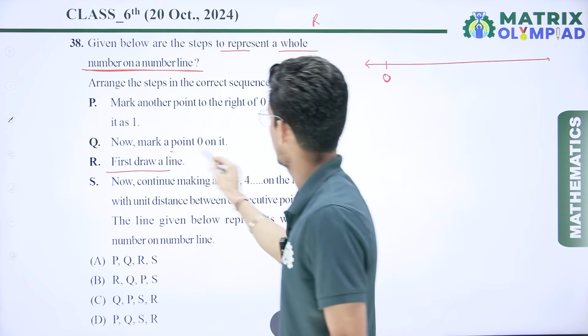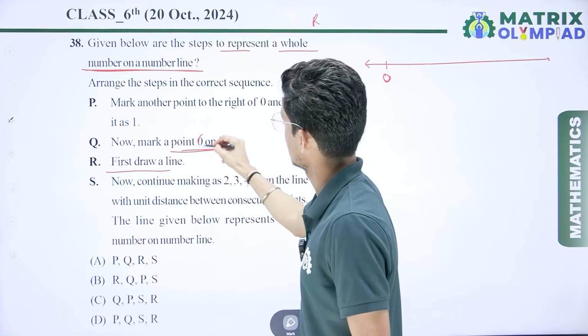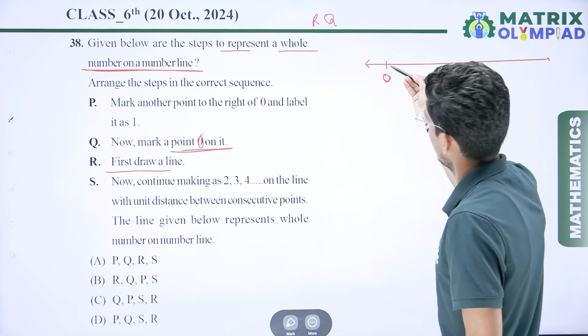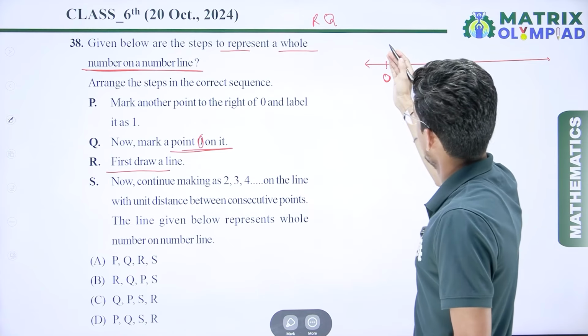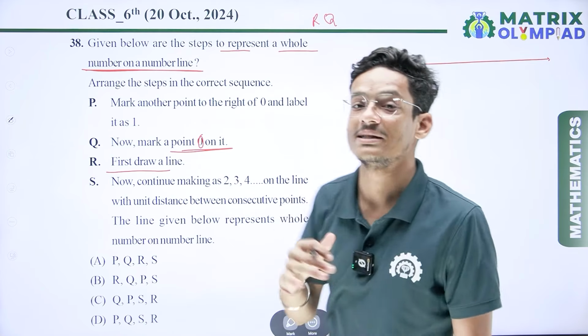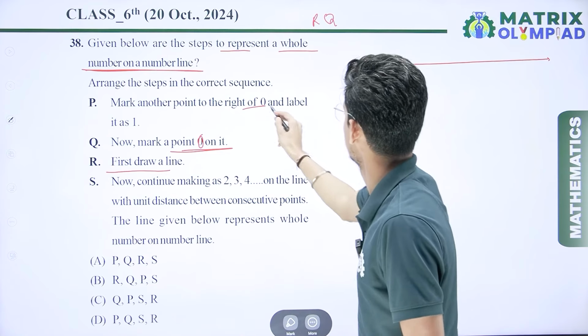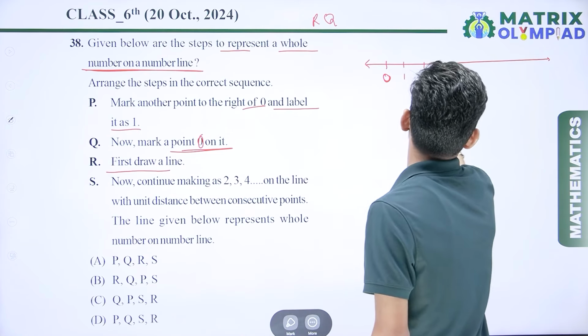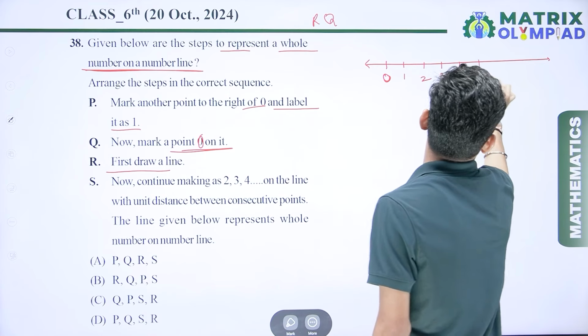Now we mark a point O on it, we can set 0 on it. So this one is Q. And for a whole number we mark all the labels from 1 to infinity from the right side of 0. So right of 0 we label it as 1, 2, 3, 4, 5 and so on.